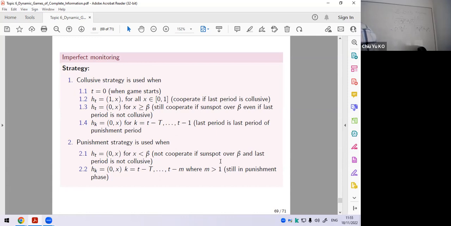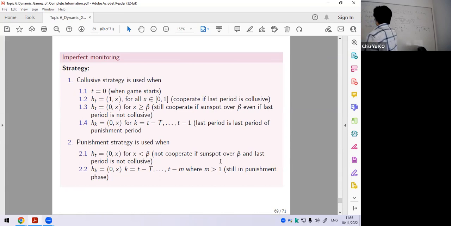So when would you collude? First, at the beginning, you collude. Second, if my profit is high in the last period, then I collude. If my profit is 0, then I look up the sky.